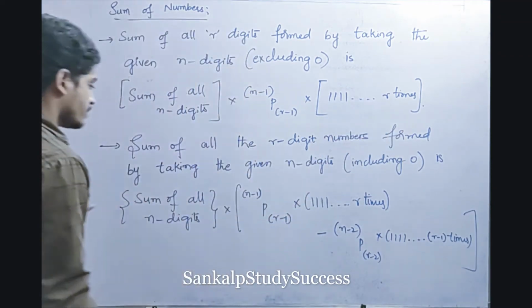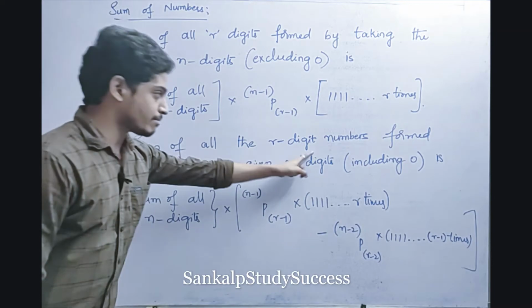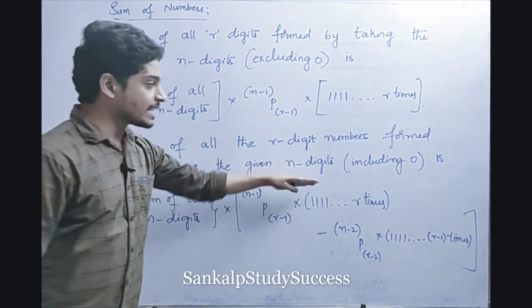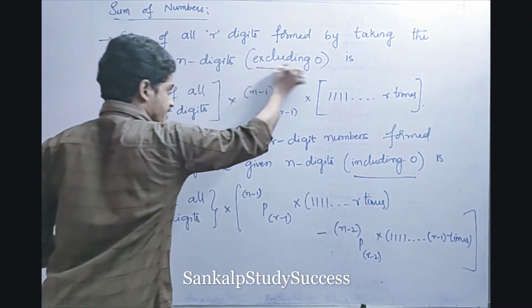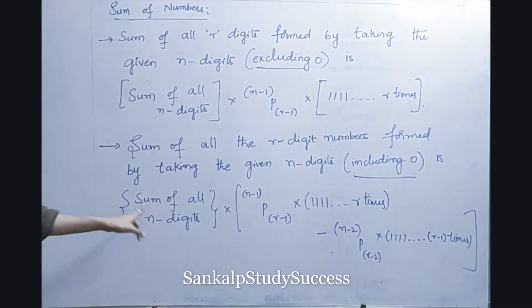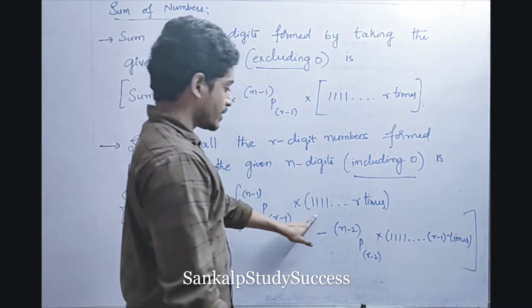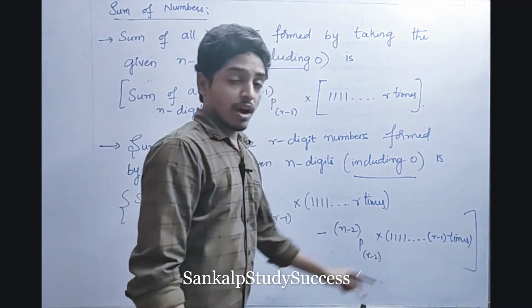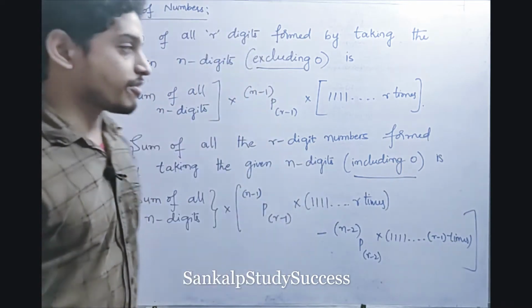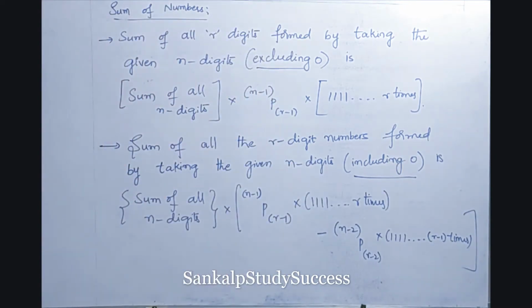This is the formula. Next one, sum of all the r digit numbers formed by taking the given n digits including 0 is sum of all n digits into (n minus 1) P (r minus 1) into 1s up to r times minus (n minus 2) P (r minus 2) into 1s up to r minus 1 times. Okay friends, these 4 formulas are very important. Let us do a problem on these formulas.